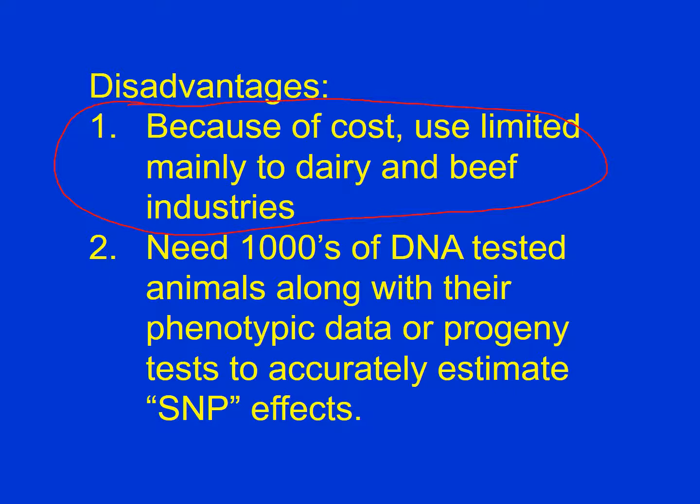So generally, with beef cattle and dairy cattle, an individual animal has more value, so it makes more sense to do DNA tests on cows rather than on pigs or sheep that have relatively less value on an individual basis. And to be accurate, you need thousands of DNA-tested animals along with their phenotypic data to accurately know the value of these different SNPs.